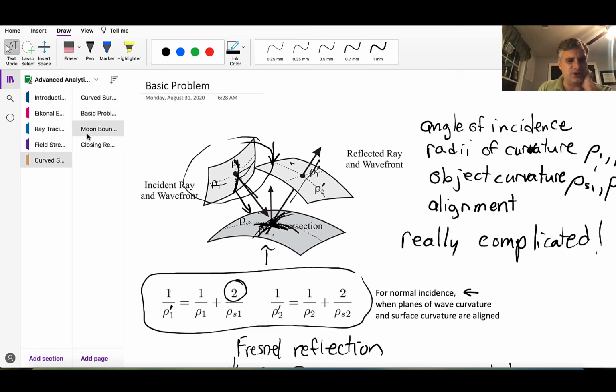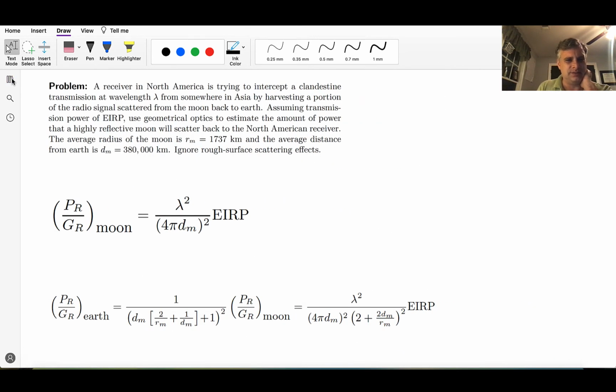It's kind of a good historical problem. A receiver in North America is trying to intercept a clandestine transmission at wavelength lambda from somewhere in Asia by harvesting a portion of the radio signal scattered from the moon back to Earth. So we have Earth. There's a spot over here.